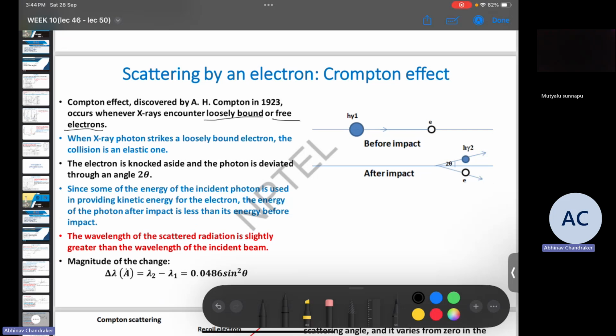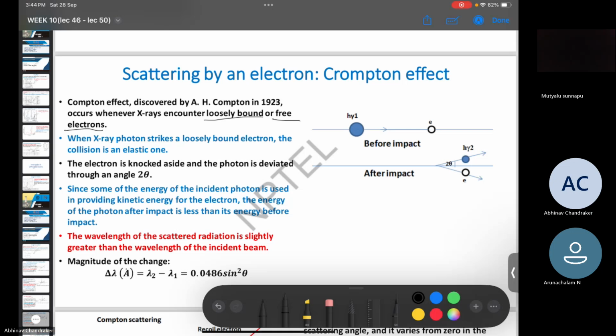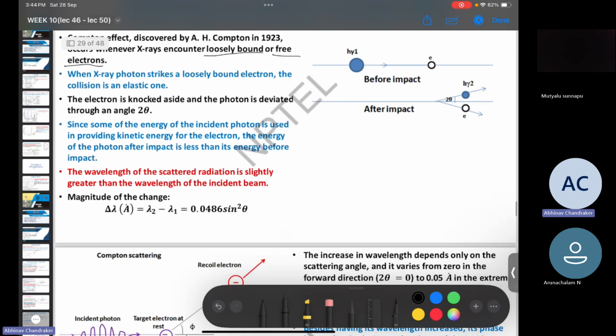These could be electrons in the valence shell, or, for example in metals, they could be just free electrons. So these will also interact with the X-rays, and in this case, the kind of interaction will be different compared to that with an atom which is closely held by the nuclei.